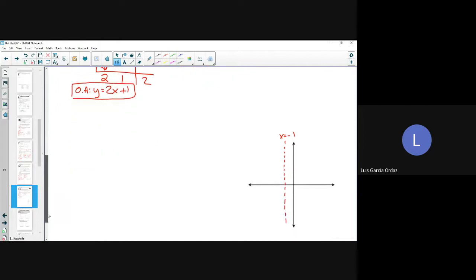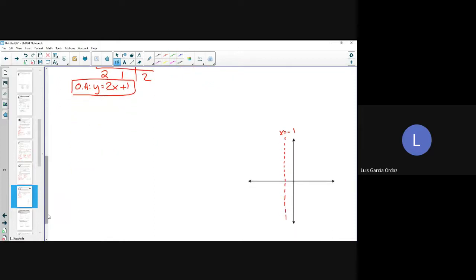So what that's going to look like is my oblique asymptote passes through here. So this is y is equal to 2x plus 1. Yeah, it's called a slant, but it's also called oblique because it's not a horizontal or vertical line. It's just weird.